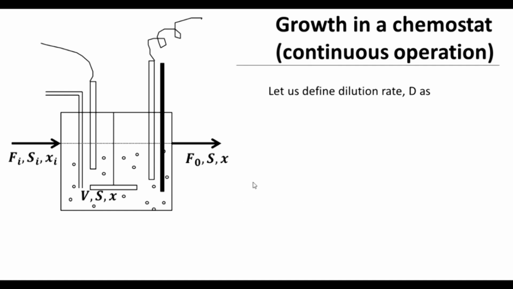Now, let us define something called a dilution rate as the volumetric feed rate divided by the volume of the broth, F by V. This is a definition, dilution rate. So, can you make sense of this? A certain feed rate divided by the volume.